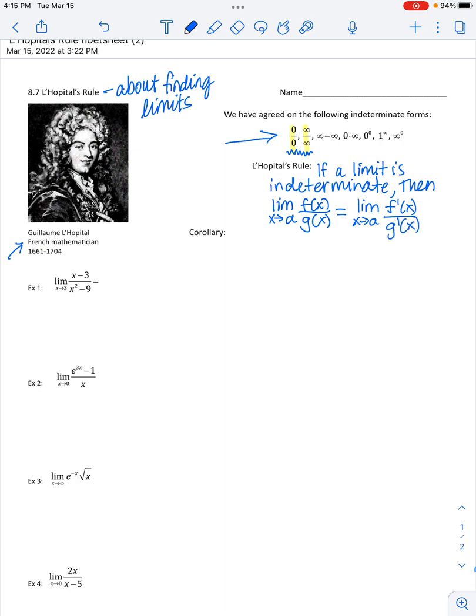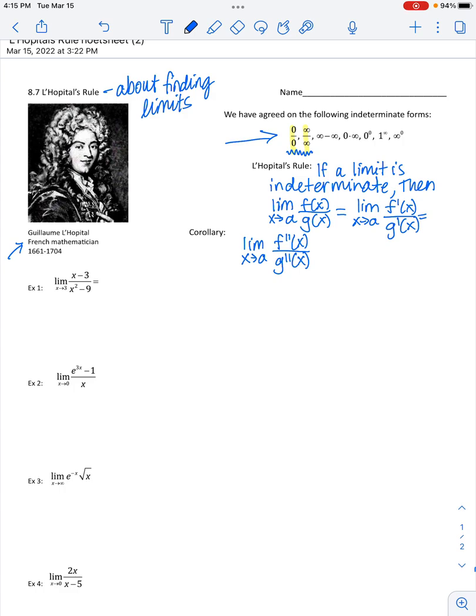And the corollary to that says that you can just keep going. If you take the first derivative and it doesn't work, then the corollary says, well, you can take the second derivative of each term and calculate the limit that way.